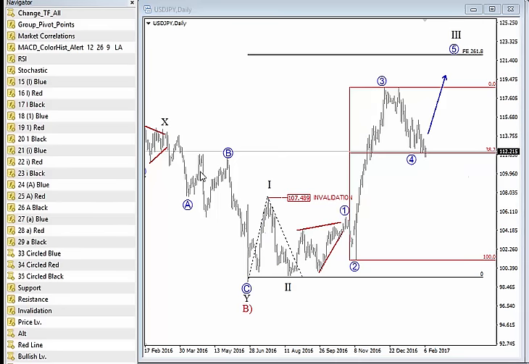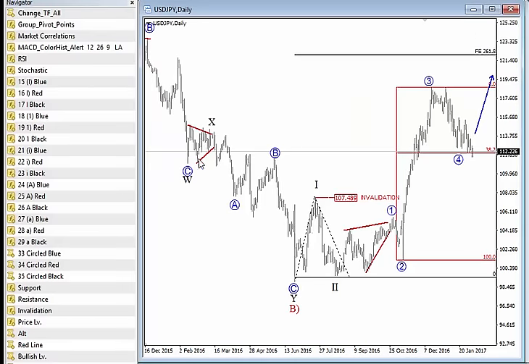The next thing is that there were a lot of swing points around this area, 112. Here was a support, and we broke lower, and these same levels turned into resistance that were tested two times in a row, and then finally we saw a very strong move to the downside.